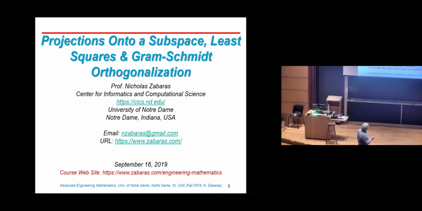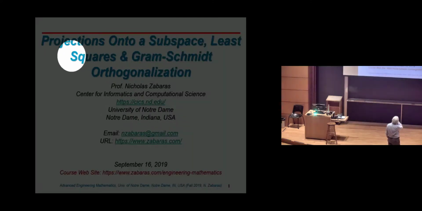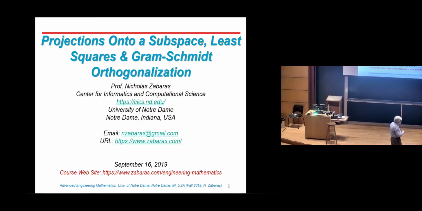Okay, so the lecture today, lecture 12, will be to discuss projections onto a subspace. So, you remember we said that if you take any vector x in Rn, you can actually write it as a component in the row space and a component in the null space. That's what it means, orthogonal complements.